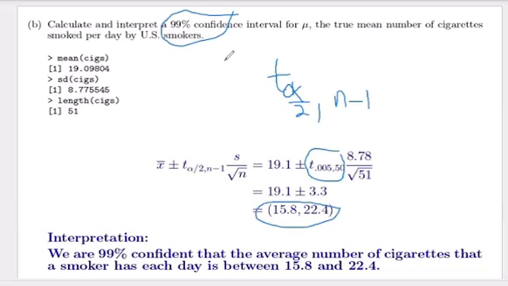Because that point estimate could be too high or too low, it cannot be trusted, it's not reliable, and that is why we incorporate the margin of error. Now, I'm actually going to move on.